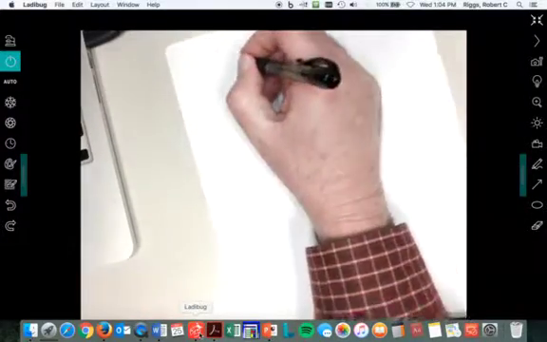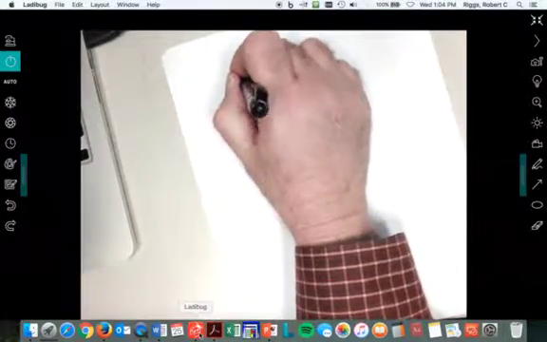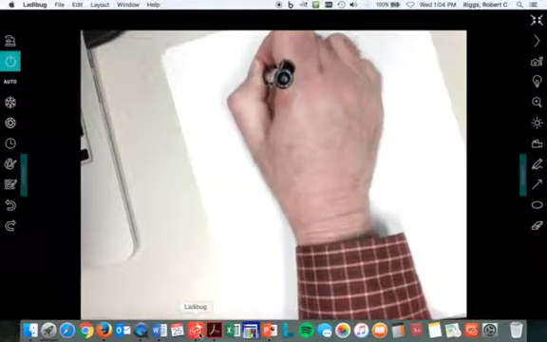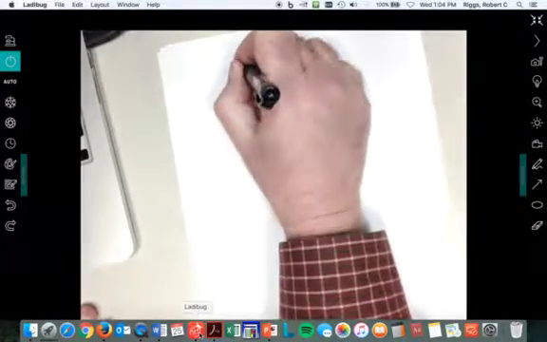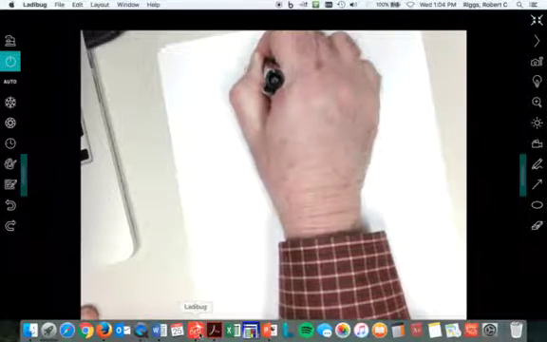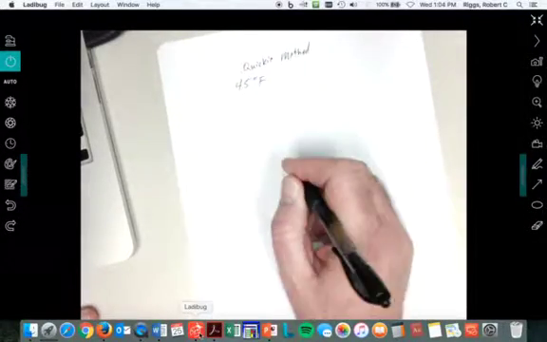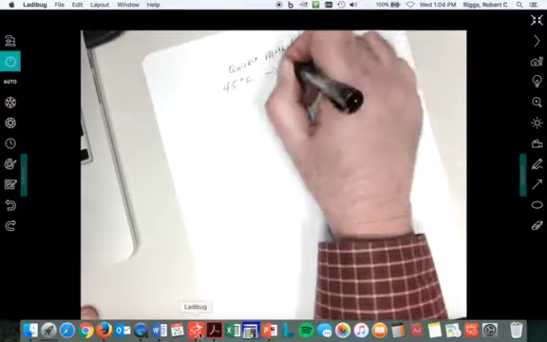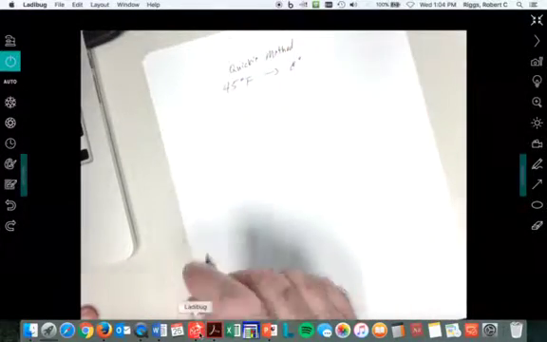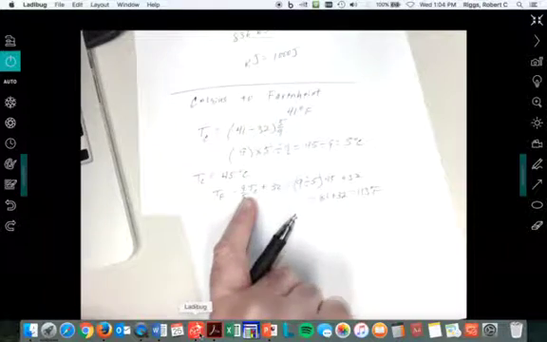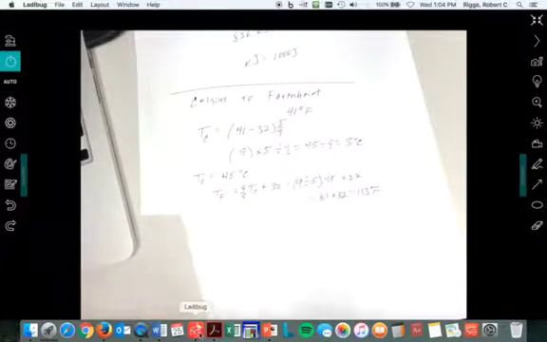Okay. Now, there's also a quick and dirty way to do this. If I want to convert 45 degrees Celsius, this is the quickie method. It gives me a good estimate. Look at 9/5. 9 divided by 5 is like 1.8.